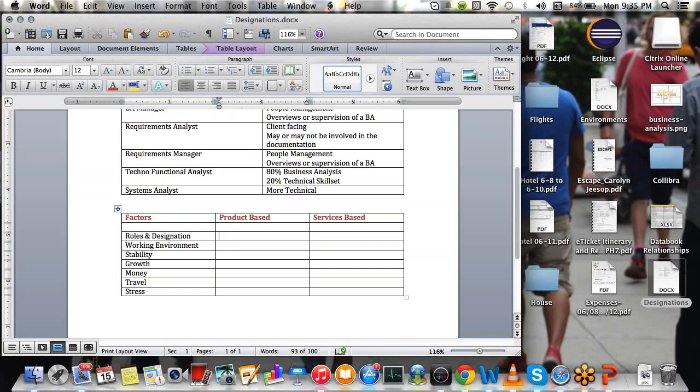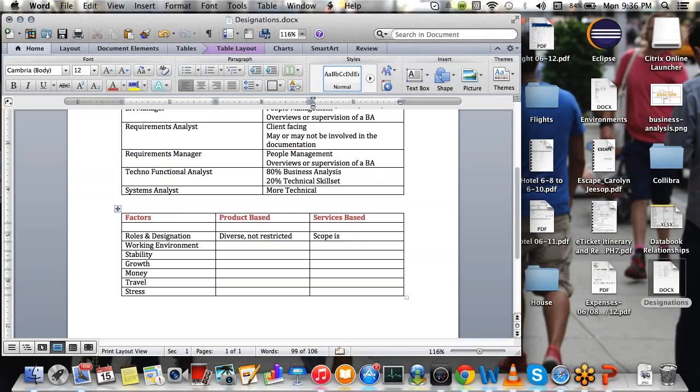So the roles you're going to play in a product-based firm are diverse, not restricted to one particular thing, whereas in a services-based firm the scope is limited, which means they hired you to perform one role and they expect you to deliver that.